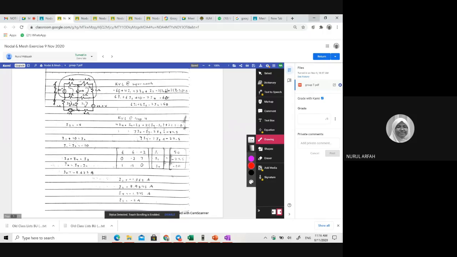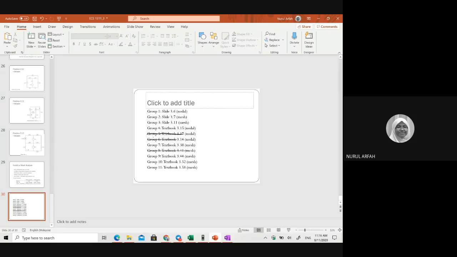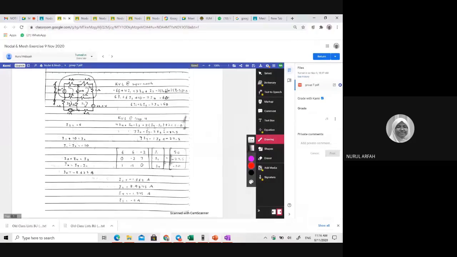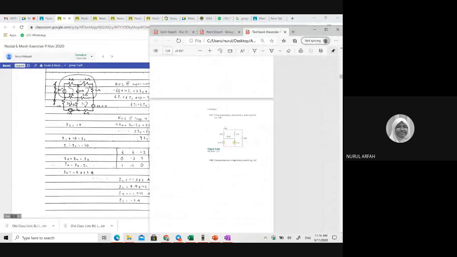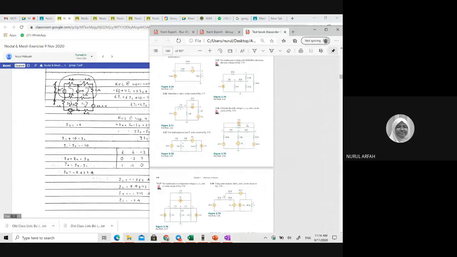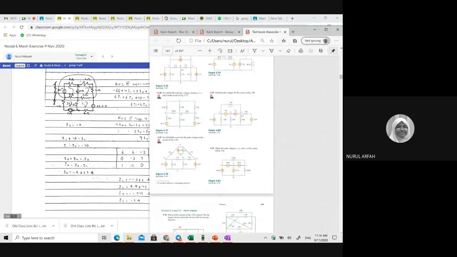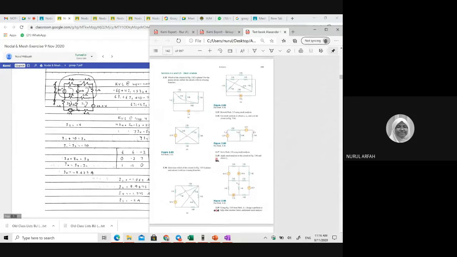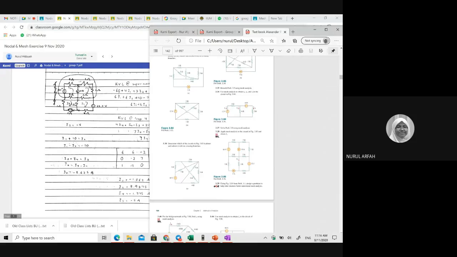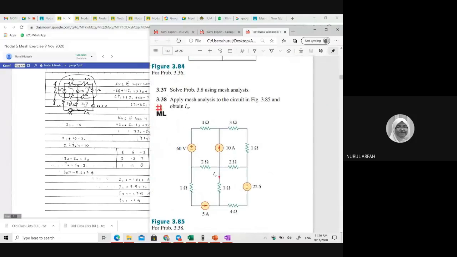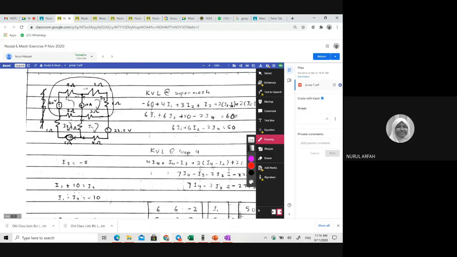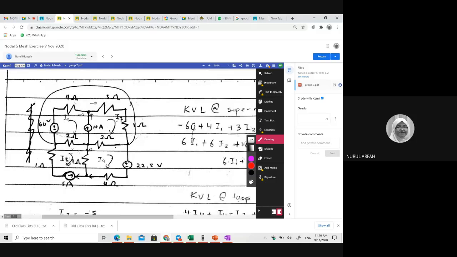Okay. Group number 7 from exercise 3.38. Okay, apply mesh and find I note. Okay, I can see that you apply super mesh.